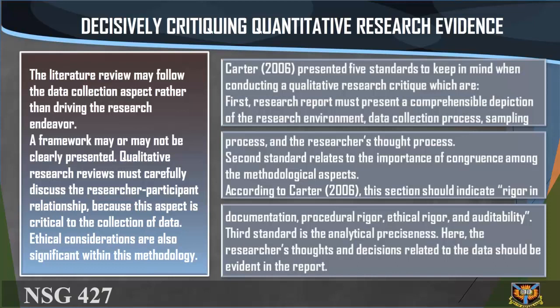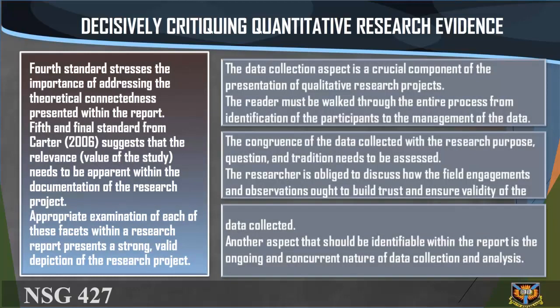With regard to this aspect, the researcher's thoughts and decisions related to the data should be evident in the report. The fourth standard stresses the importance of addressing the theoretical connectedness presented within the report. The fifth and final standard from Keita 2006 suggests that the relevance, that is, the value of the study, needs to be apparent within the documentation of the research project.